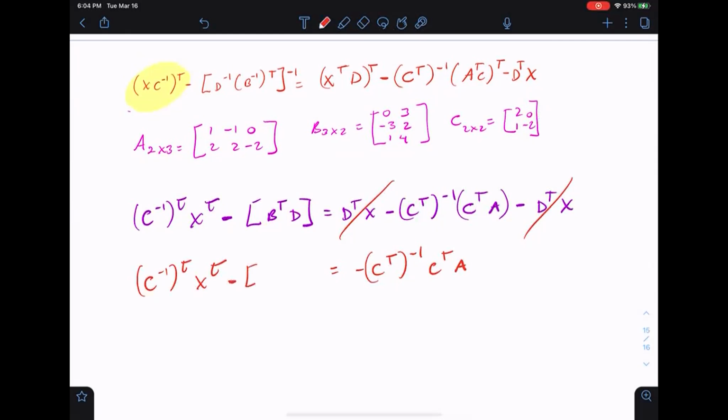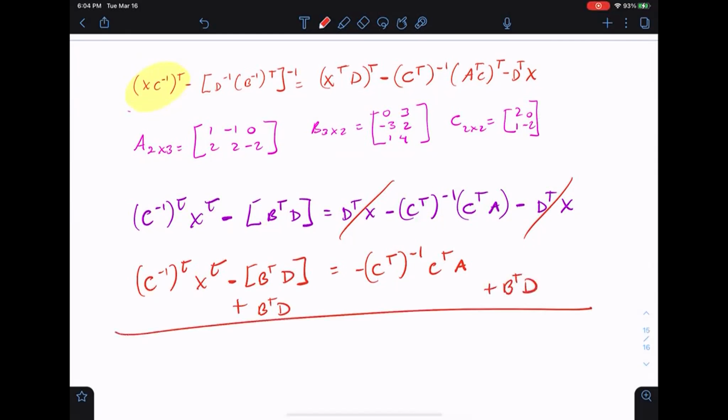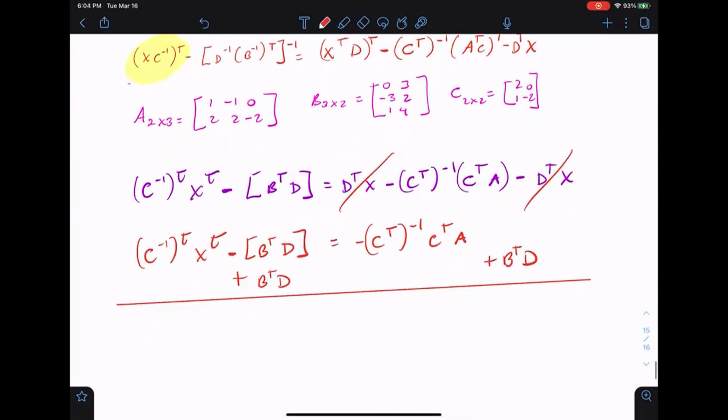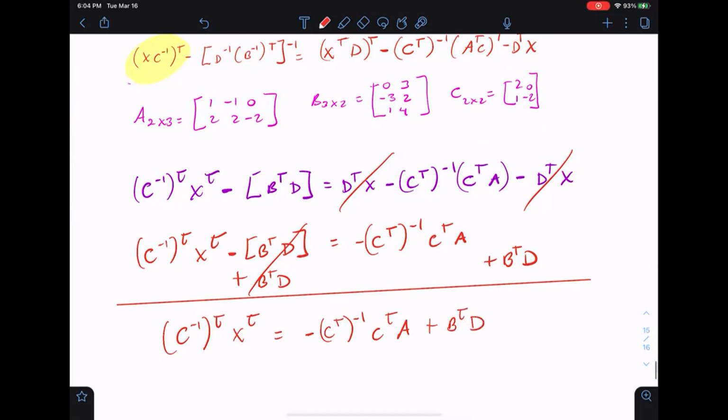So you can add B transpose D, and you add B transpose D here. So you can do like when you're solving an equation, basically. C inverse transpose, X transpose equals negative C transpose to the power of -1, A plus B transpose D, right? I'm sorry if I'm using the wrong vocabulary.